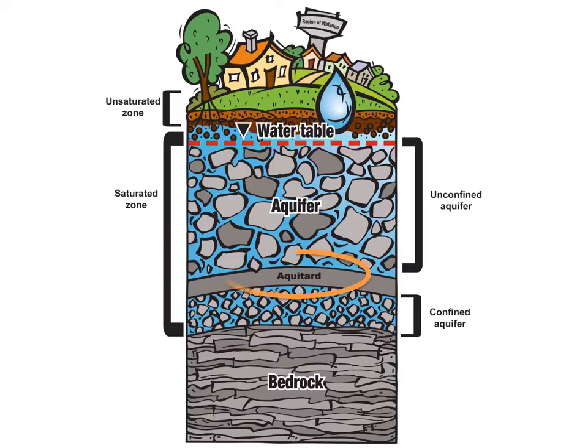Aquitard, compact layers of clay that act as a barrier for groundwater. Unconfined aquifer, an aquifer that receives its water from the surface where we live. And finally, confined aquifer, an aquifer contained between one or two aquitards and receives its water from an unconfined aquifer.